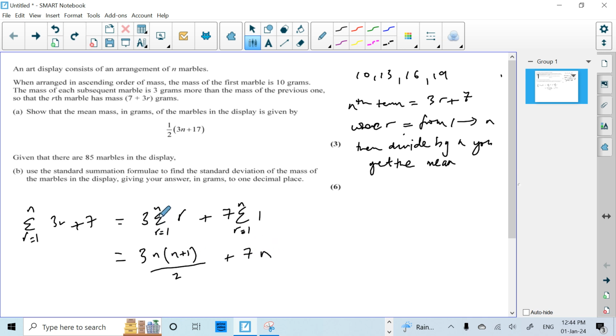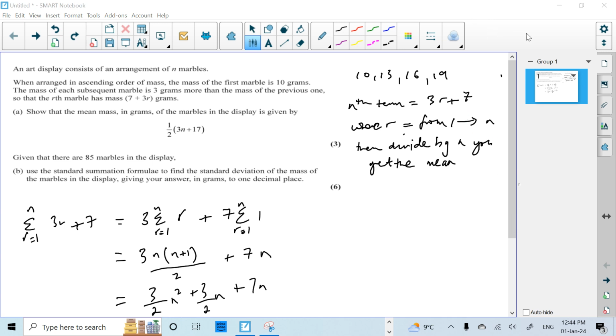So the relationship between this first term here and the next, that's really a given. This translates to 3 over 2 n squared plus 3 over 2 n, plus 7n over 1.